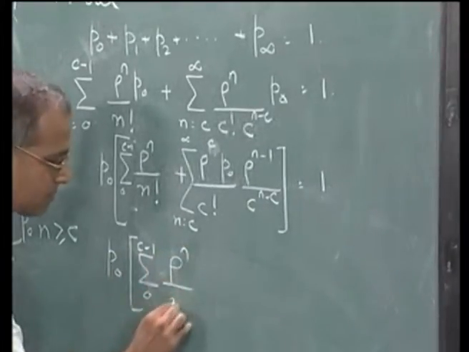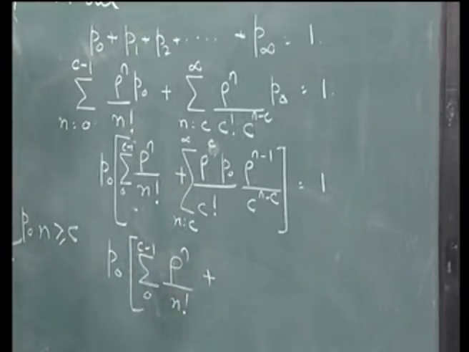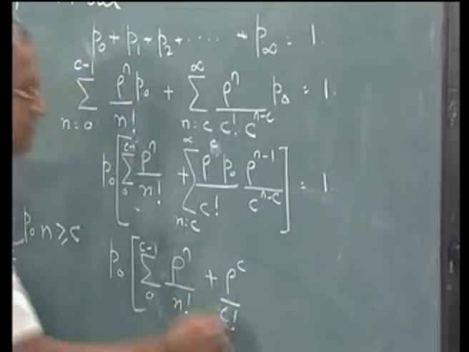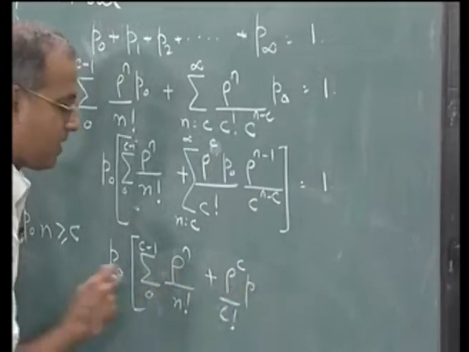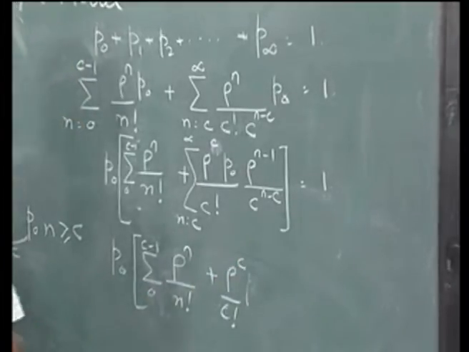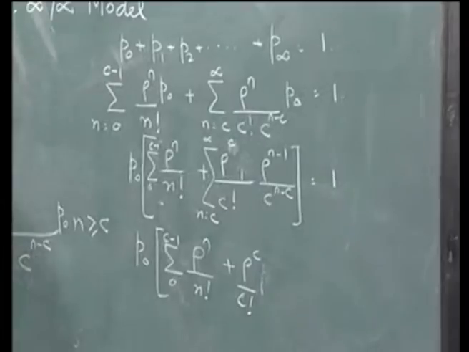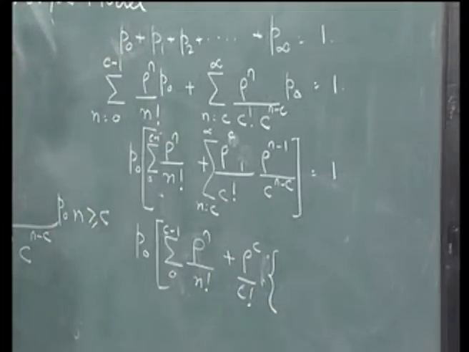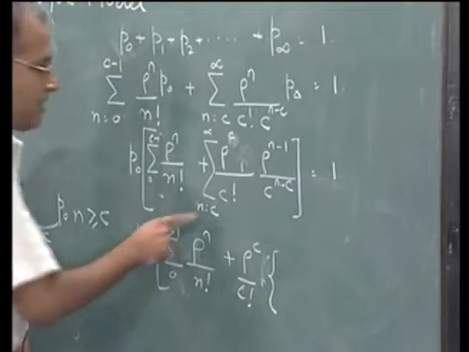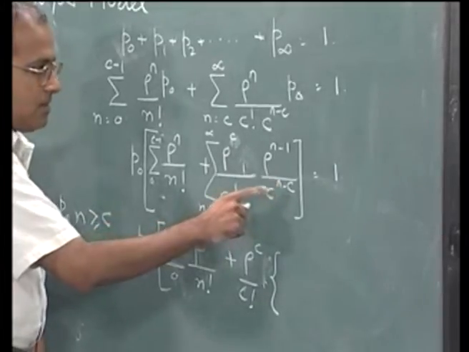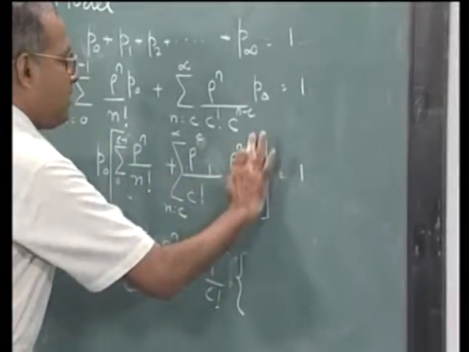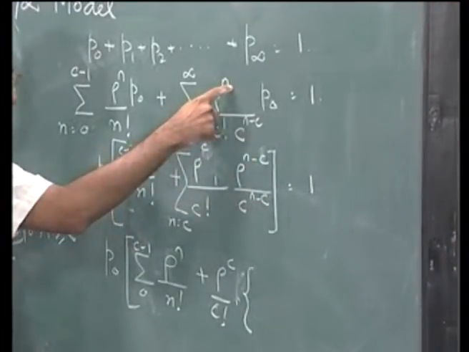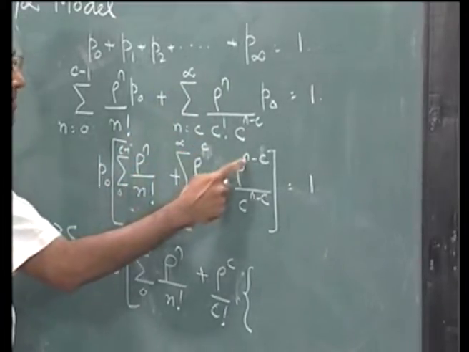rho power n by n factorial plus, expanding this, rho power c by c factorial into, P naught is taken outside, so we do not have to write P naught again here. So, rho power c by c factorial into, now when n is equal to c, this term is 1, because n minus c is 0, and rho power n is written as rho power c into rho power n minus c.